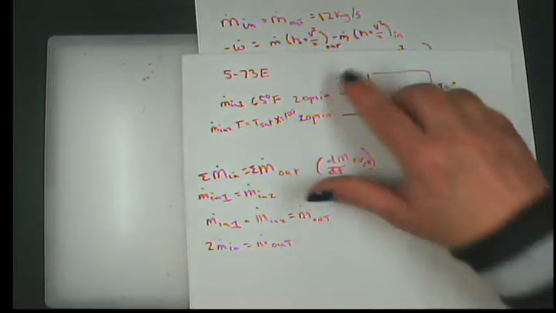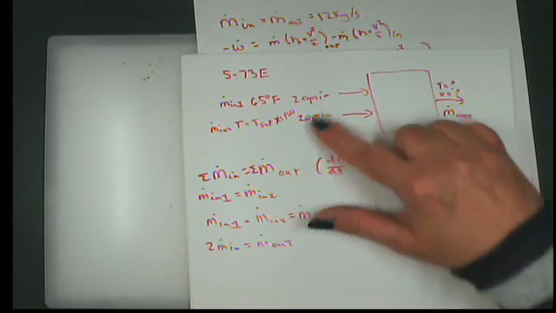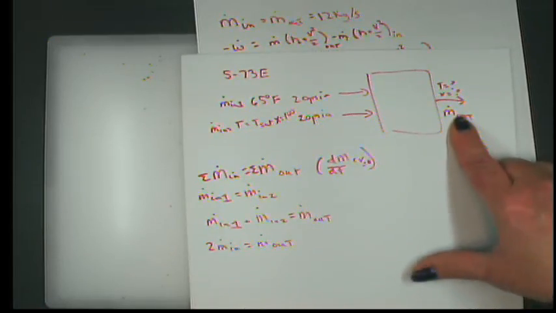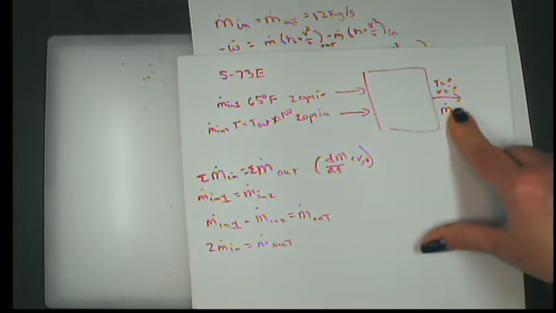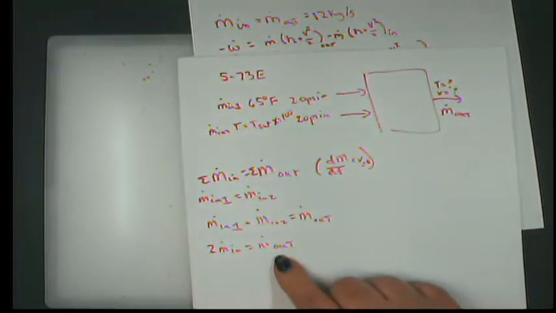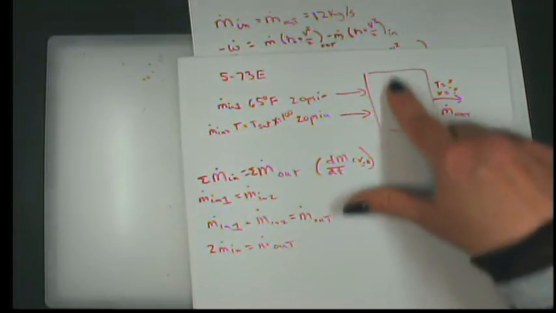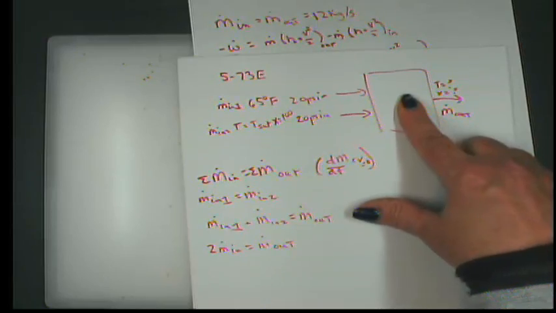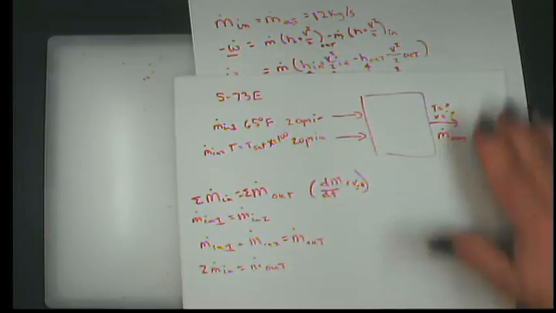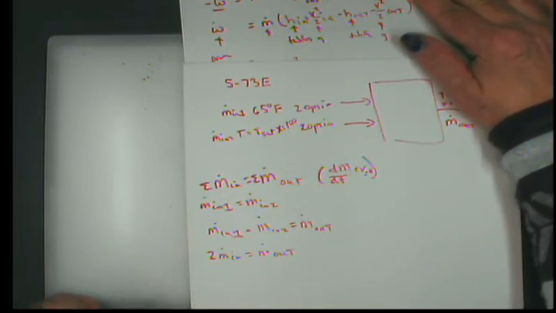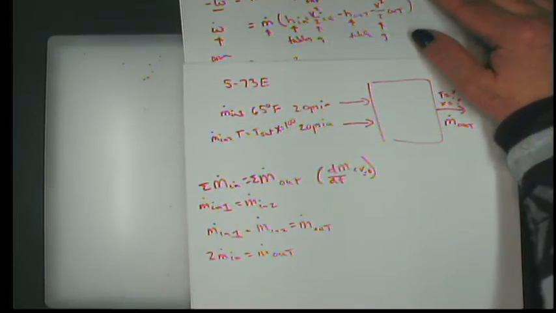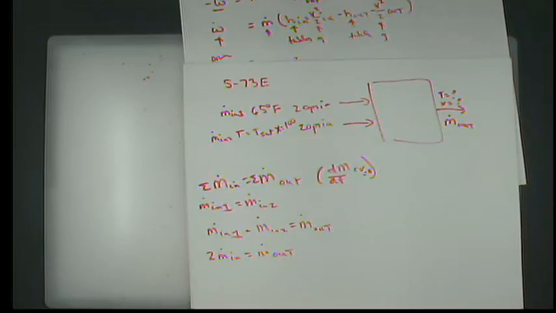Okay? So now we know something about this energy and this energy, and we don't know anything about this energy at all. But once this establishes itself, because there's no dm_CV/dt, this is going to be a steady flow process. There's no work produced. You know, we really don't know if that is adiabatic or not. But I think we may have to make that assumption.